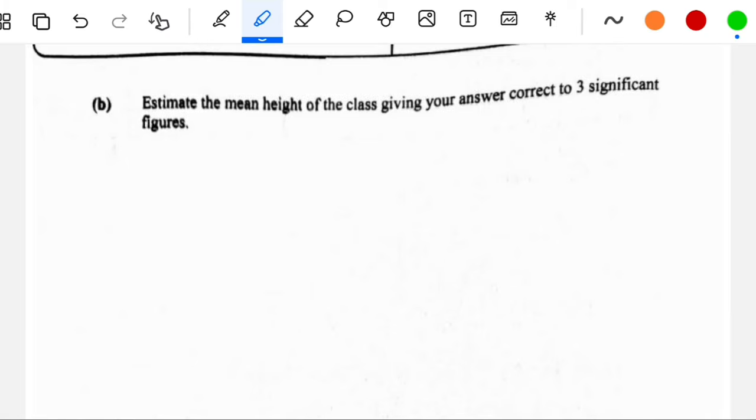Then B, estimate the mean height of the class, giving your answer correct to 3 significant figures. Okay, so finding the mean, this formula here, sum of fx over sum of f. So what I'll be doing is saying midpoint times frequency.